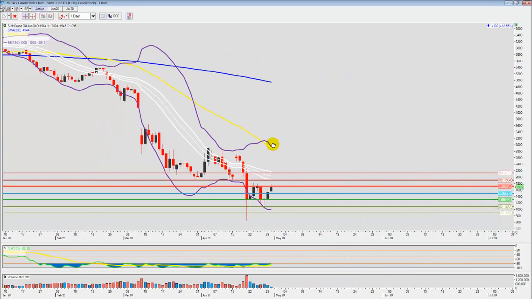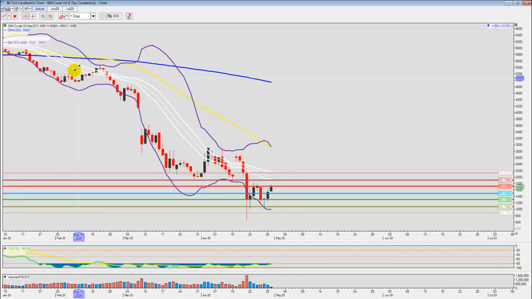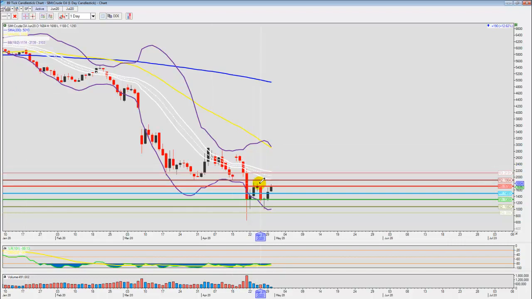So if we would pull this over, I can't really do the trend line. But that needs to close above 1798.